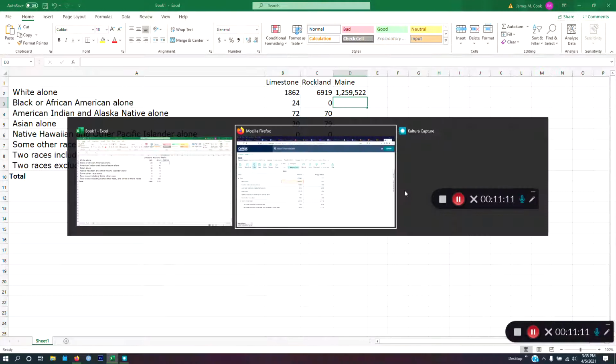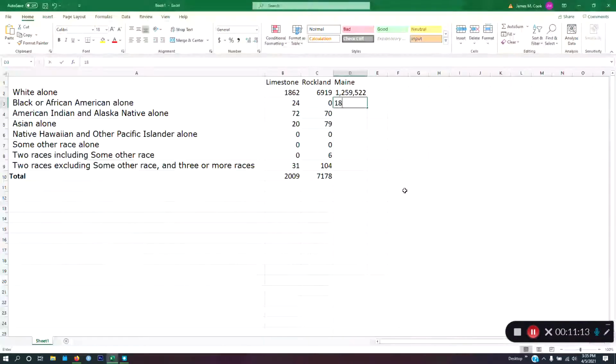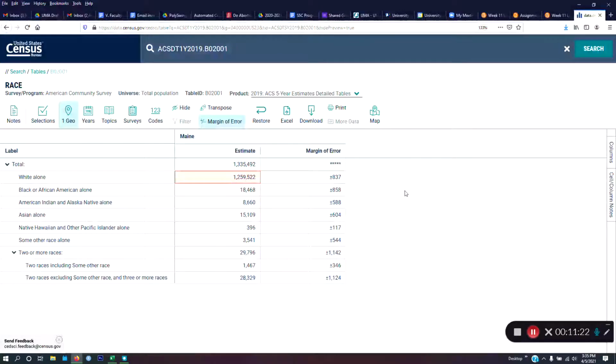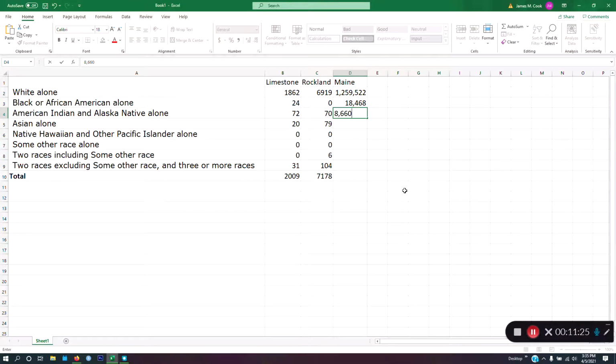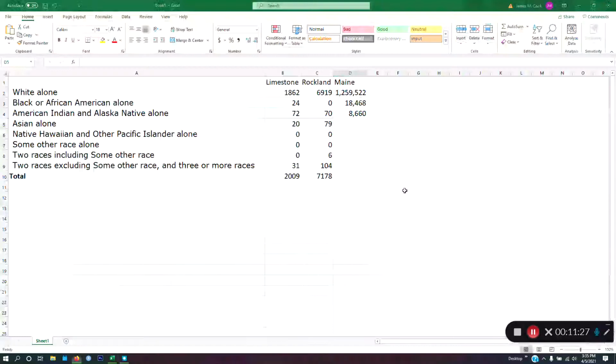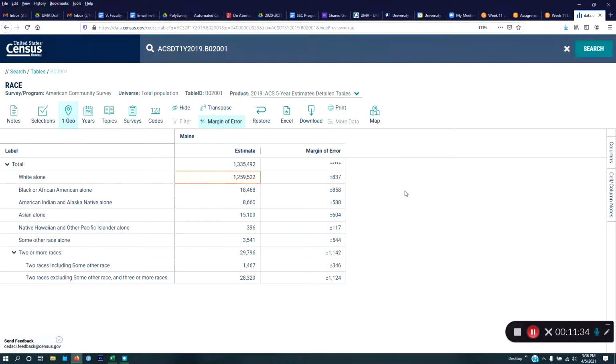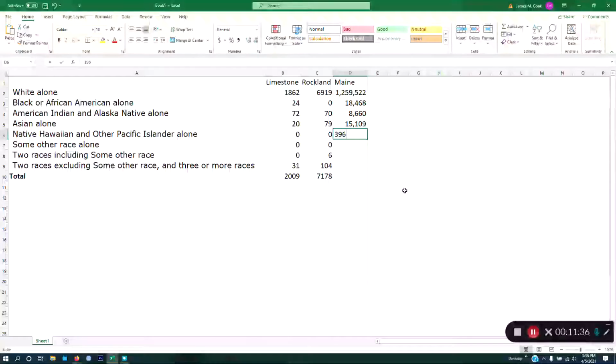1,259,522 who identify as white alone, 18,468 identifying as either Black or African American, all alone by itself. American Indian or Alaska Native alone is 8,660. Asian alone, 15,109. Native Hawaiian or other Pacific Islander alone, 396.